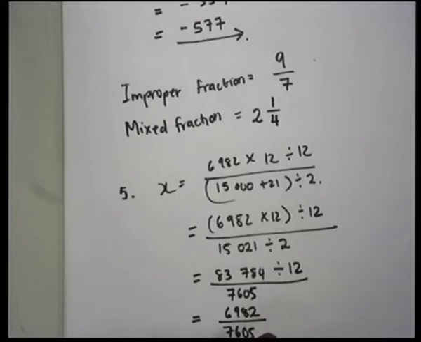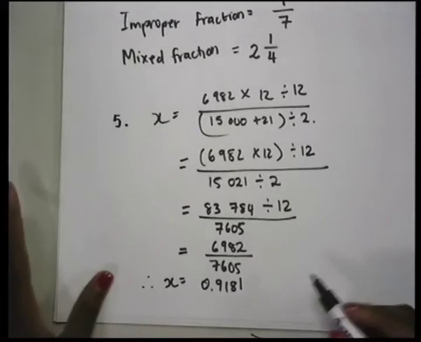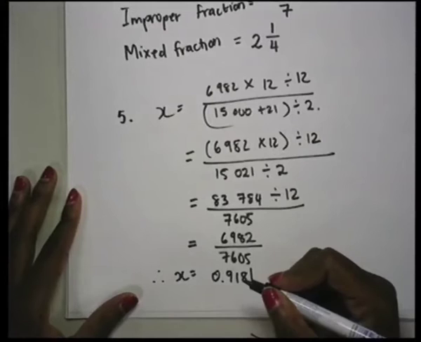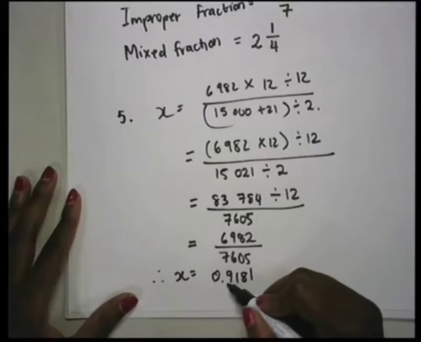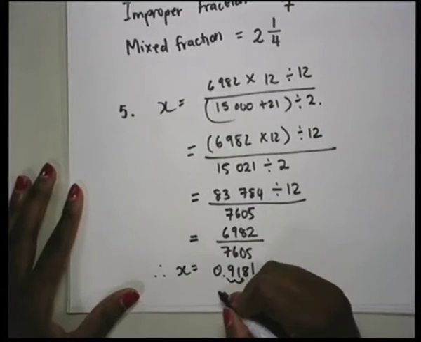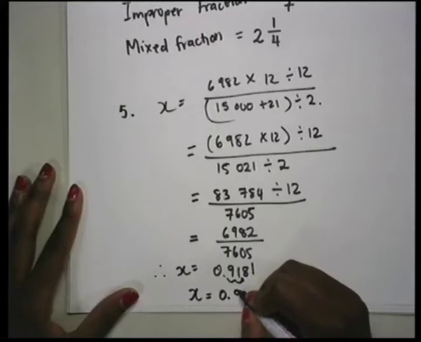Therefore, x is equal to 0.9181. If we have to round x off to two decimal places, it means that we only take into account the two numbers after the comma. In this case, x would therefore be equal to 0.91.